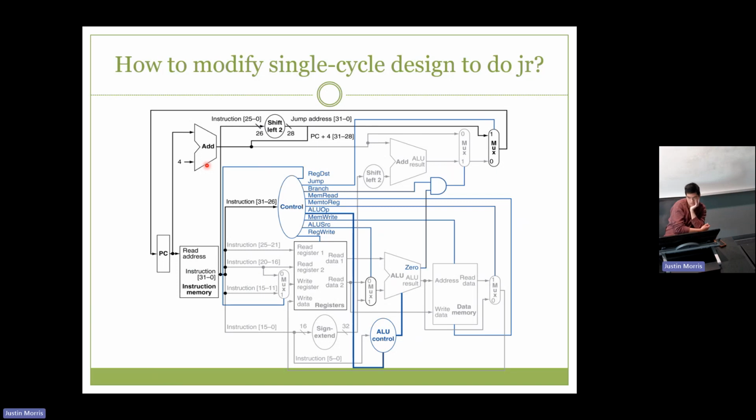But jump register is just the register you specified. So for jump register, you would have to check for a data path somewhere for the register to reach the PC. Right now, there's no way for the register to reach PC, right? So we would need to get it from one of these read ports, add another mux over here, and add another control signal that says I'm a jump register.